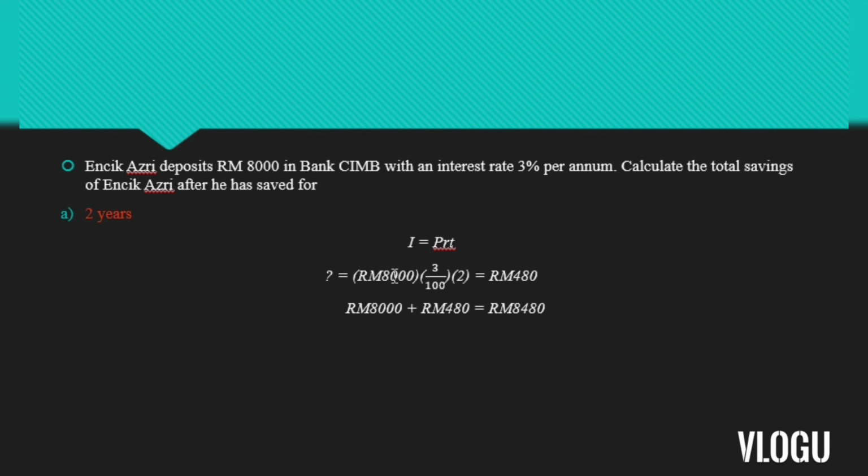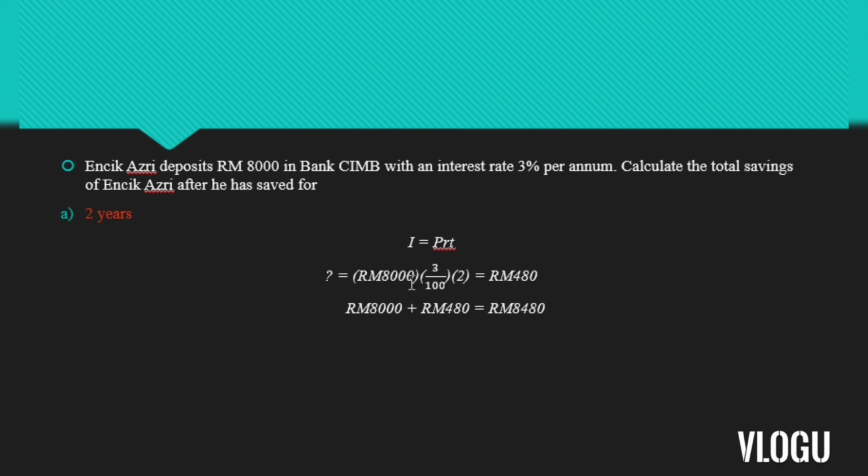So the principal of this question is 8,000 ringgit times 3% over 100 times 2 years. So we will get 480 for the interest.